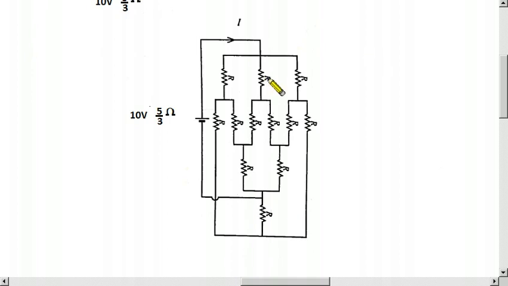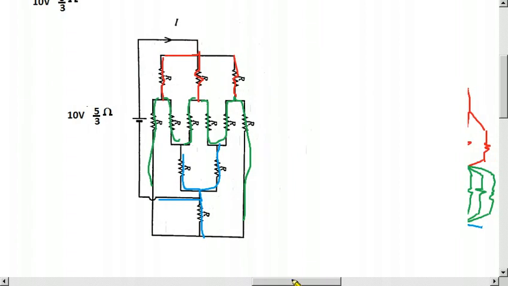So let us simplify the circuit from the red line. There are 3 resistors. From the blue line there are 3 resistors. In between them there are 6 resistors like this. So the simplified form is three.